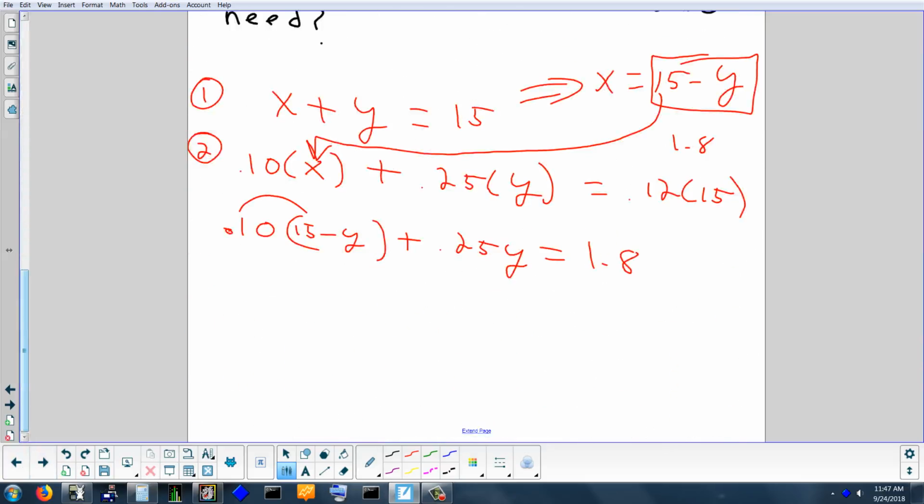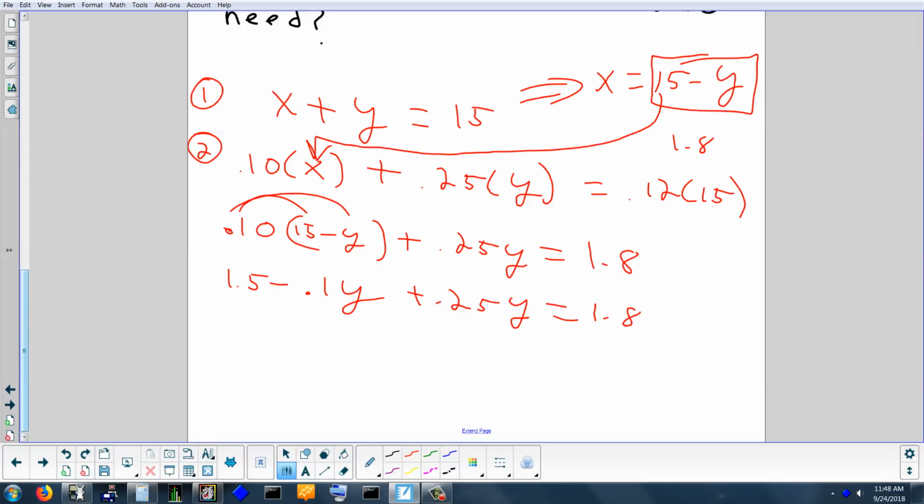0.1 times 15 gives me how much? 1.5 minus 0.1, if you want to put 0.10, that's fine, minus 0.1y. All right. You got some like terms. Negative 0.1 plus 0.25.